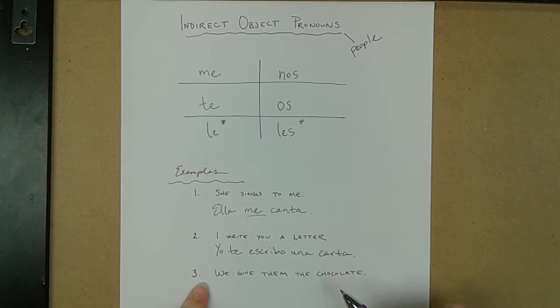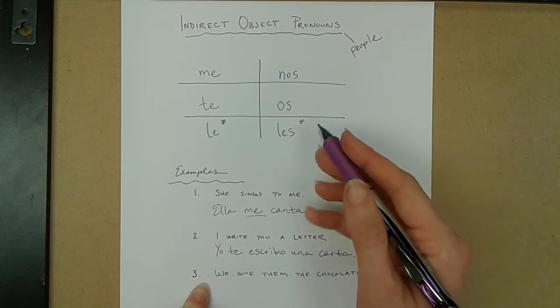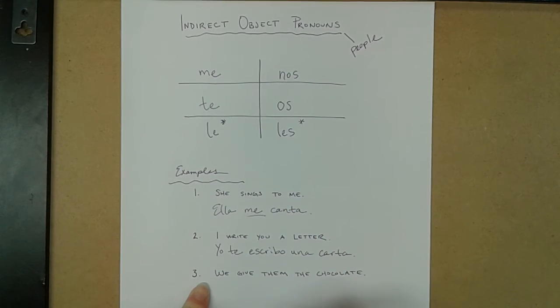All right, third example. We give them the chocolate. So, who's receiving the action? It's them. All right, so that is in this section here. So, les is our IOP. We are doing the action, so we'll start us off. Nosotros.